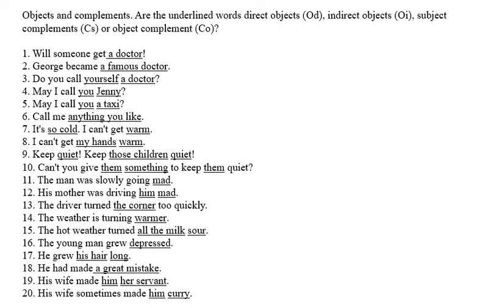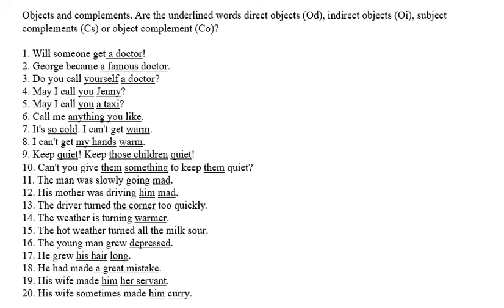So will someone get a doctor? Okay, so we've got here a verb get, which requires an object, right? We get something, okay? So here a doctor will be the direct object of the verb get, all right? That should be simple.